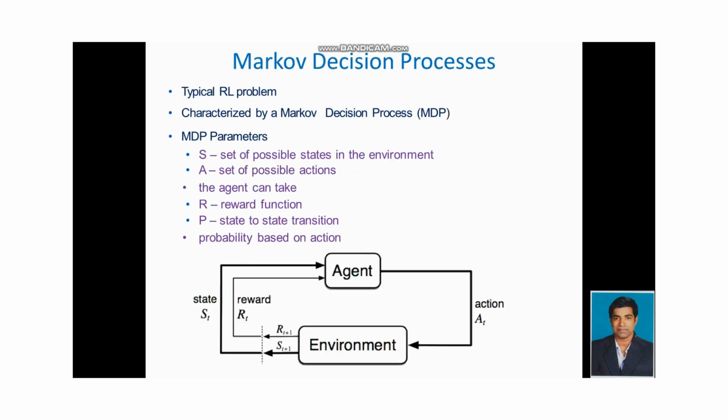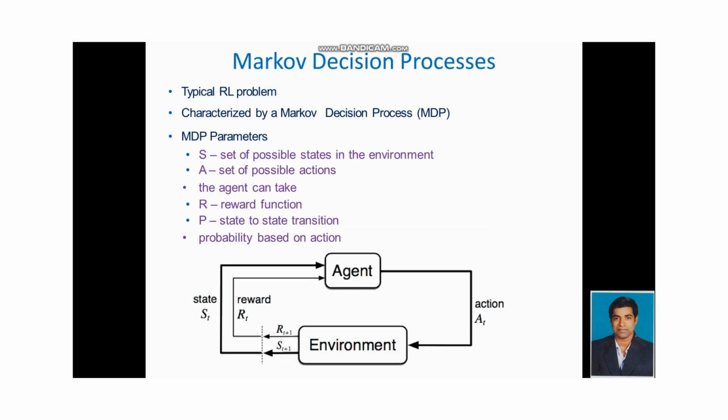Markov decision process, MDP. The typical RL problem is characterized by a Markov decision process, MDP, with the following parameters. S is the set of possible states in the environment. A is the set of possible actions the agent can take. R is the reward function. P is the state to state transition probability based on action.